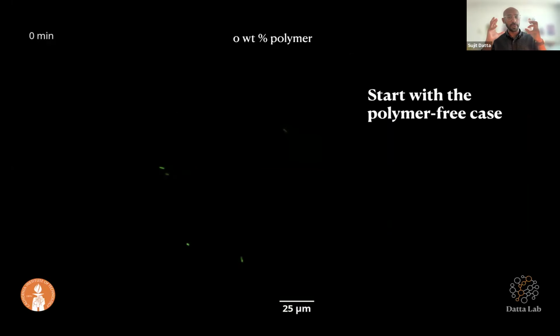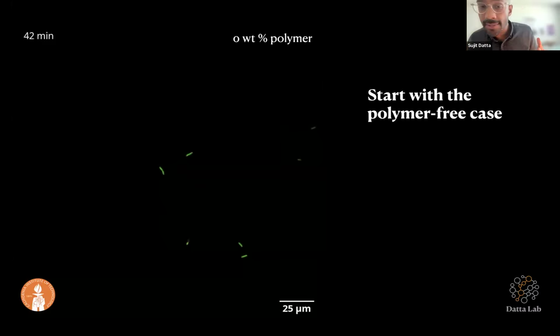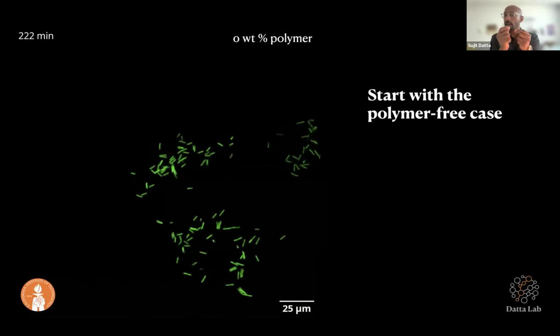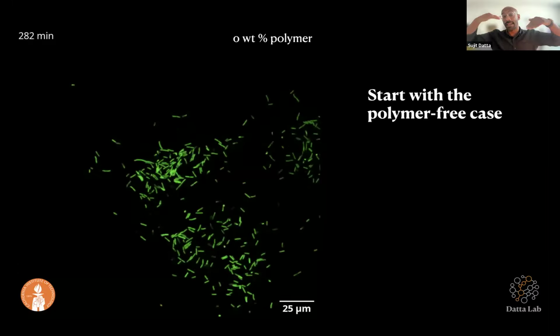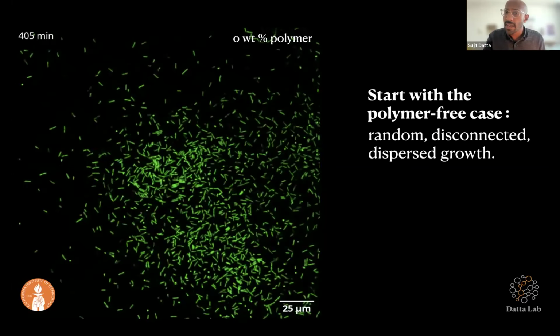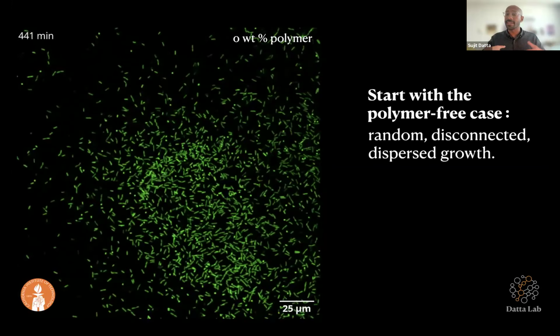So just in bulk fluid with nutrients everywhere, and you just watch them under the microscope as the cells consume nutrients, grow, and divide, right? And in that case, when you don't have any polymers, you just have regular fluid everywhere with nutrients everywhere. Each cell grows, it divides, the cells separate from each other, they diffuse away, and that process repeats. And so you just get a random dispersion, right, of these disconnected cells. This is exactly what you expect.